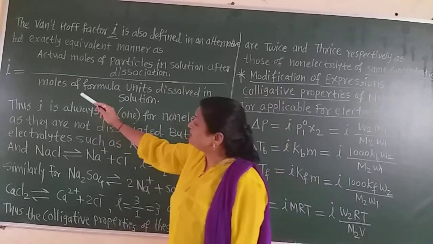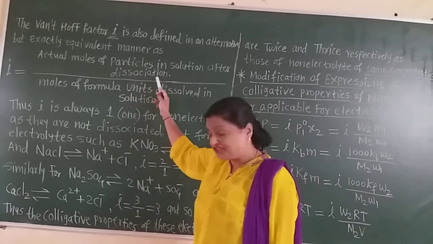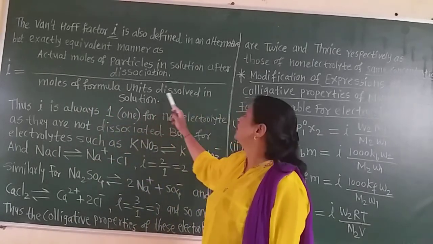So i is equal to actual moles of particles in solution after dissociation divided by moles of formula units dissolved in solution.